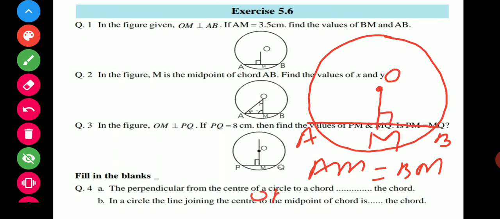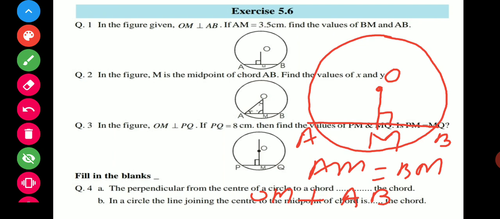So OM is perpendicular on AB. कॉर्ड पे सेंटर से परपेंडिकुलर लाइन ड्रॉ करते हैं तो ये कॉर्ड को 2 इक्वल पार्ट्स में डिवाइड करती है. So M is the midpoint of this chord. Always remember.